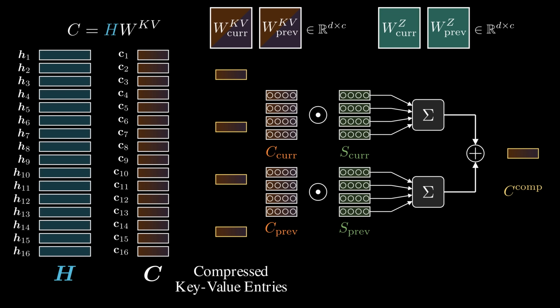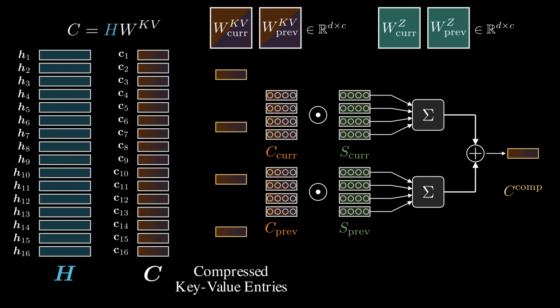For each overlapping window, we compute the per-dimension weights as before, obtaining a new set of softmax weights for that group. Each token's weighted key value vector is shared across overlapping groups, so its information contributes to multiple compressed entries.